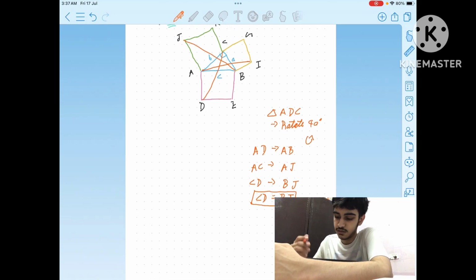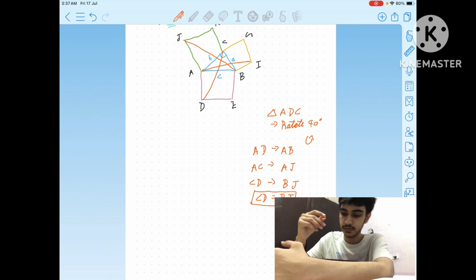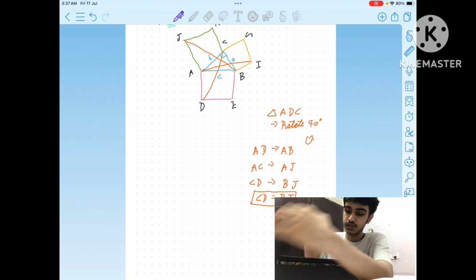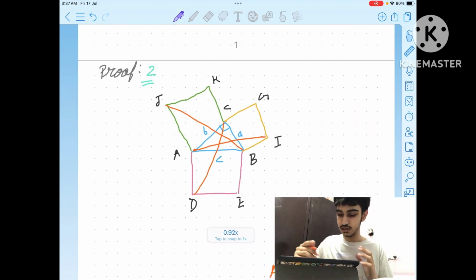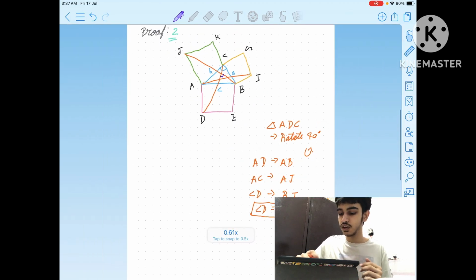So now we have come to this. Now if we just intuitively see this figure, we could clearly see that this will be perpendicular to this. Let me also give you a reason why.